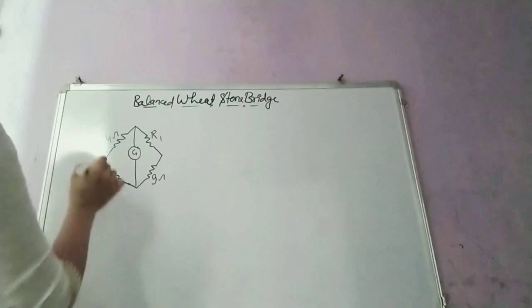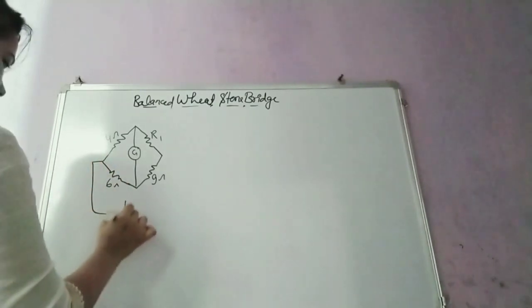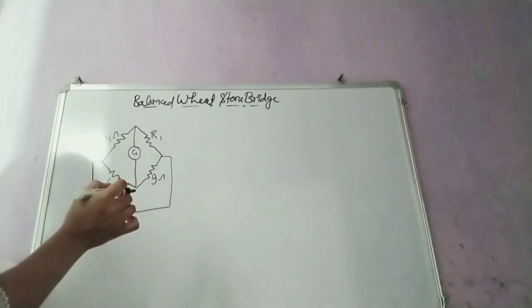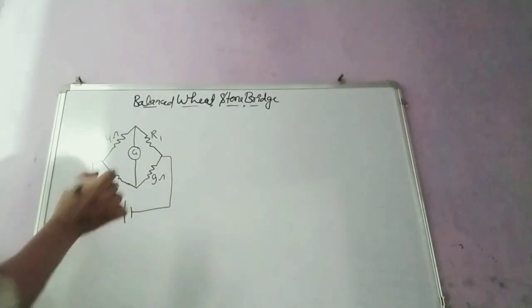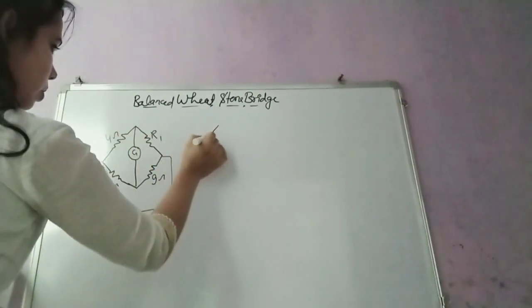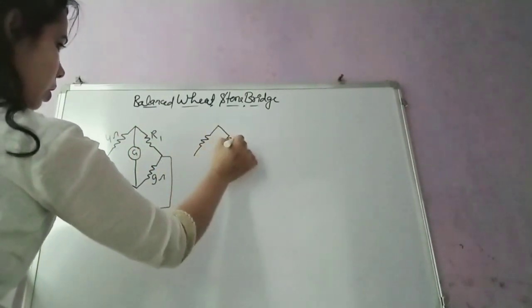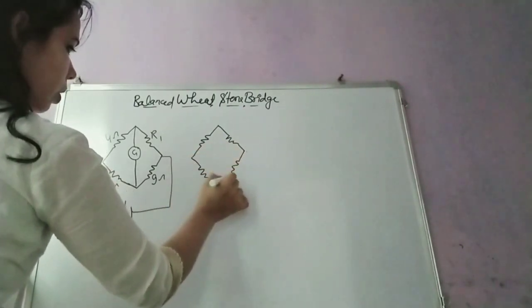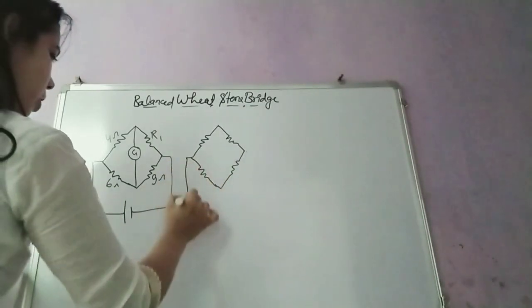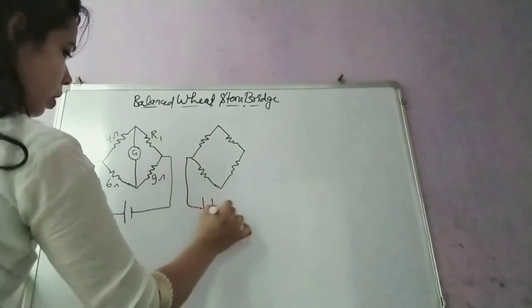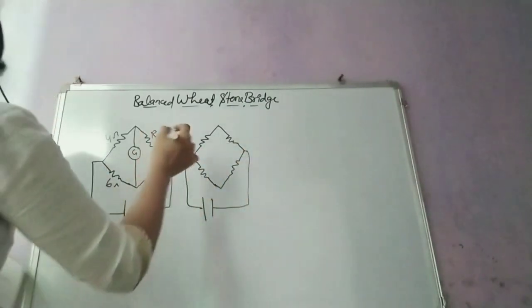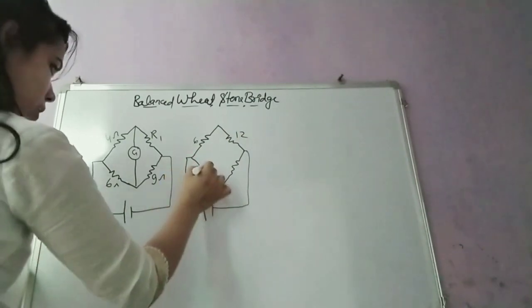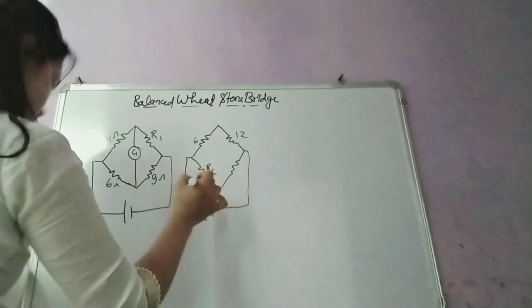Okay, so it is connected with the cell. One circuit is this one, and the other circuit is 6 ohm, 12, R2, and last is 8.